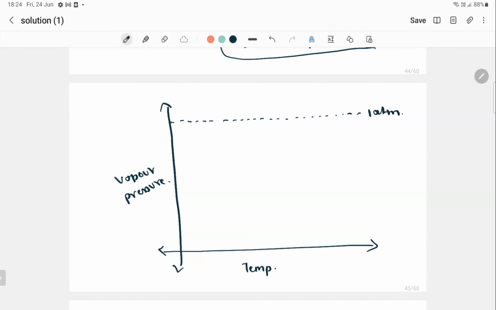What is boiling point? The liquid's vapor pressure should be equal to the atmospheric pressure. Clear? So here I have included 1 atmosphere.